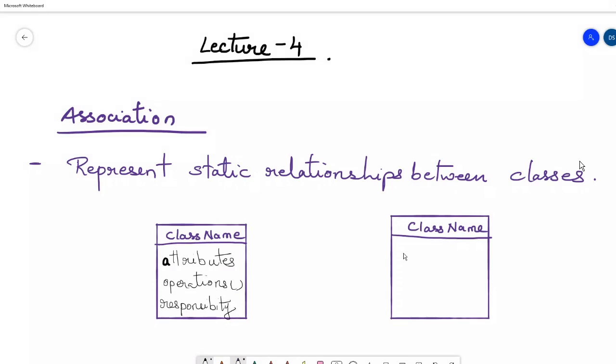The same way, attributes, operations, and responsibility.